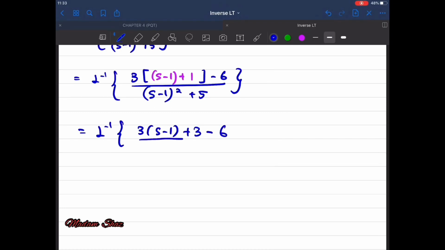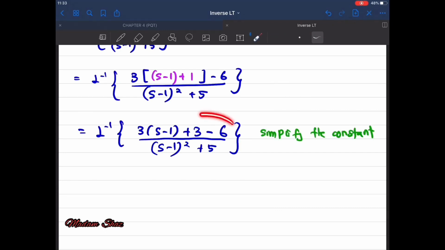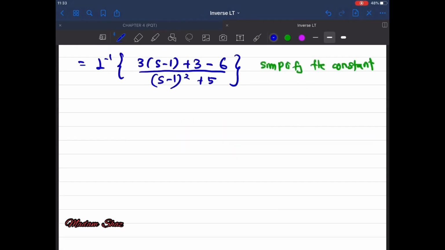Minus 6, divide the whole thing by s minus 1 squared plus 5. So now you have to simplify. Simplifying the constants means that you simplify positive 3 minus 6, which will become negative 3. So we have 3 times s minus 1, then negative 3, divided by s minus 1 squared plus 5.